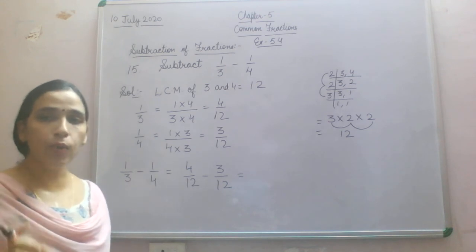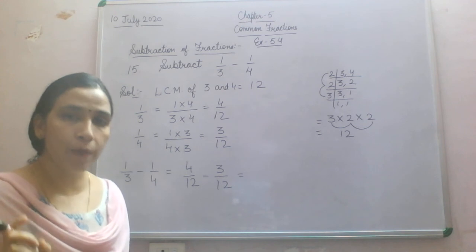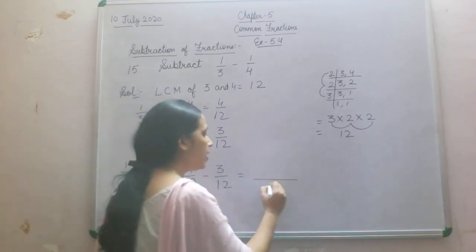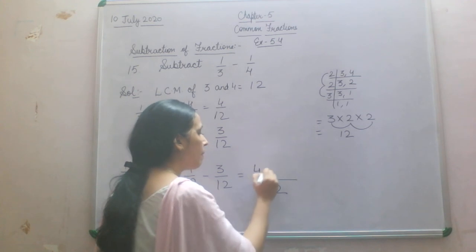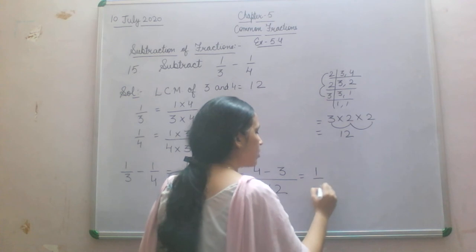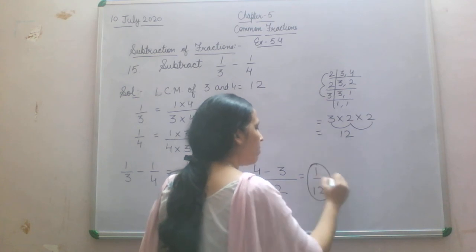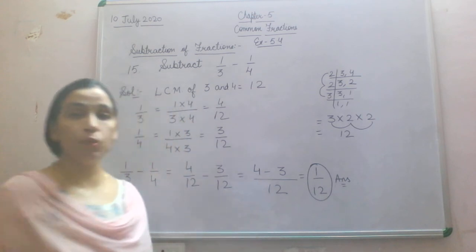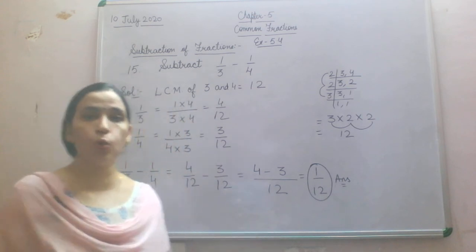It means we write the denominator only once. Now 4 minus 3, what do we get? 1 by 12. Now 1 by 12 will be your answer, which is already in its lowest terms. You don't need to convert it into lowest terms.